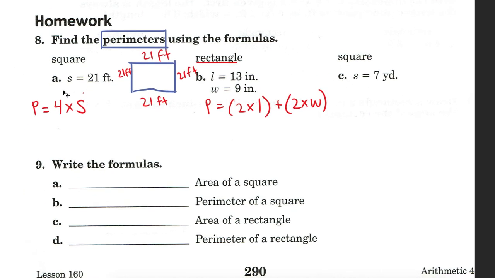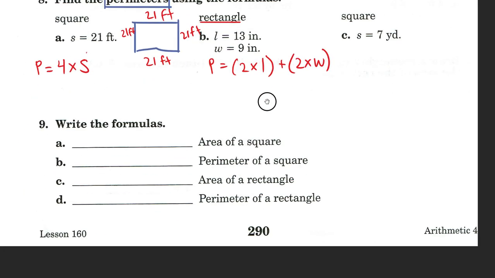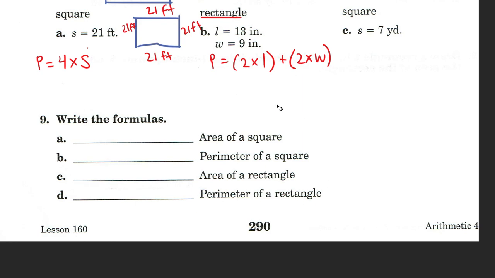And the formula for the square is here. So write the formulas. If you don't have the pages with the area formulas for a square and rectangle, you can go to page 343 for the area formulas, and page 349 will show you the formulas for the perimeter.